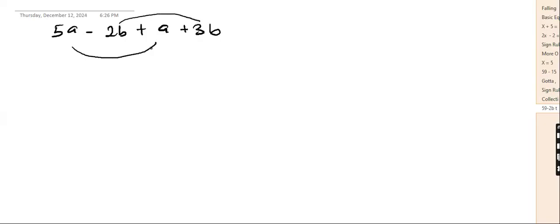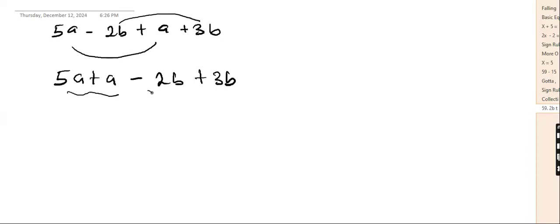So similarly, if I have 5a minus 2b plus a plus 3b, if I want to collect similar data in this case, I'm going to be taking this one and this together, and this and this together. So that means I'm taking the 5a and the a together. So that means I'm going to have 5a plus a. Then I'll also have minus 2b plus 3b because they have similar data. So I'm collecting this together.